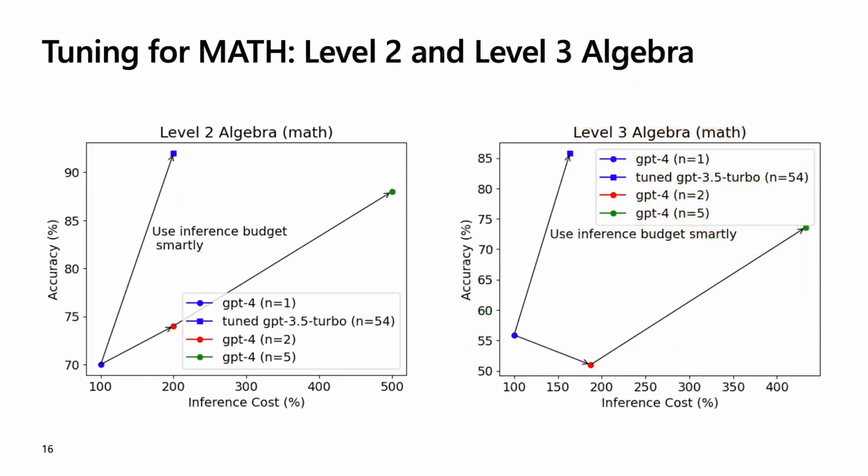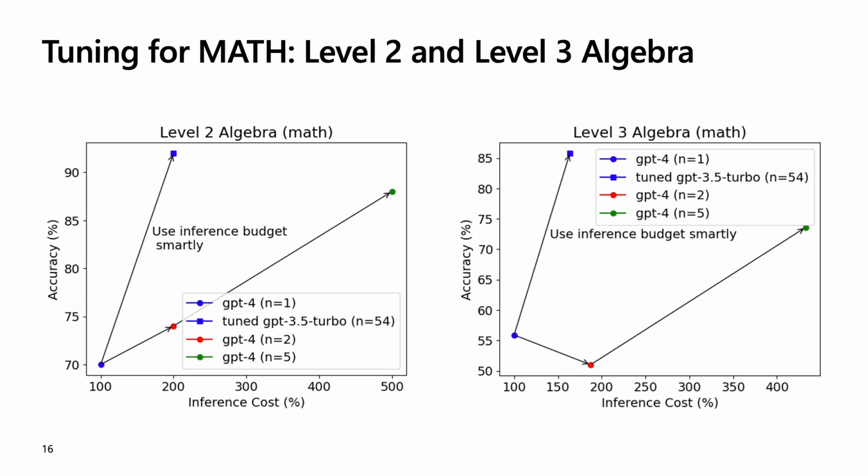Here is a case study for MATH, a benchmark for evaluating LLMs on advanced mathematical problem solving. MATH consists of 12,000 math competition problems from AMC 10, AMC 12, and AIME. Each problem is accompanied by a step-by-step solution.